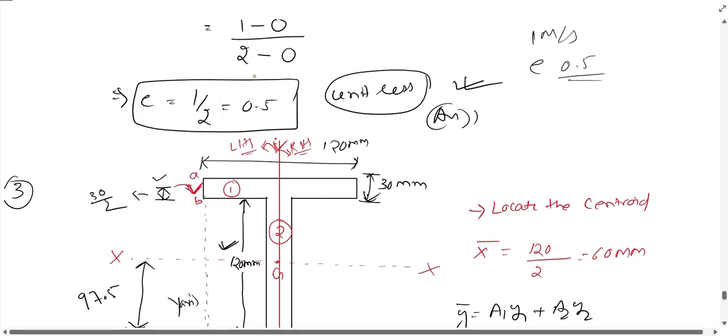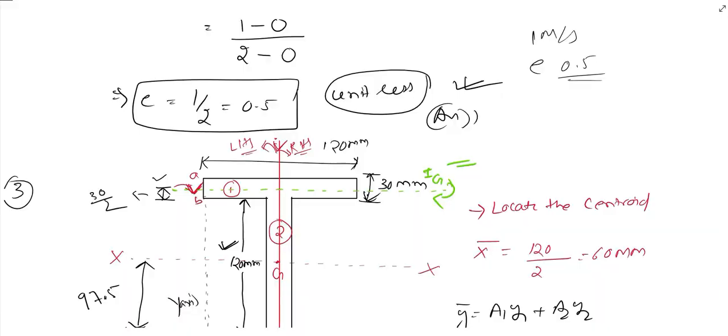Okay, suppose this is through the centroid of figure 1. So first we are calculating Ig1. So what will Ig1 be? We know the moment of inertia of a rectangle is BD cube by 12, and here we can write Ig1 is B1 D1 cube by 12, and this is B1, this is D1.